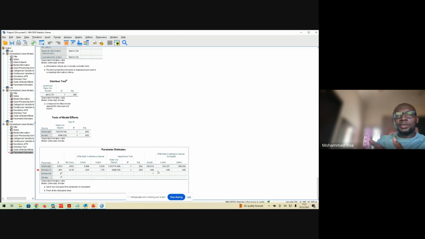If you want to interpret this, you would subtract that 0.45 from 1 to give you 55%, and that would tell you that on average the number of calls taken by female resident doctors is 55% less than what was taken by male resident doctors.